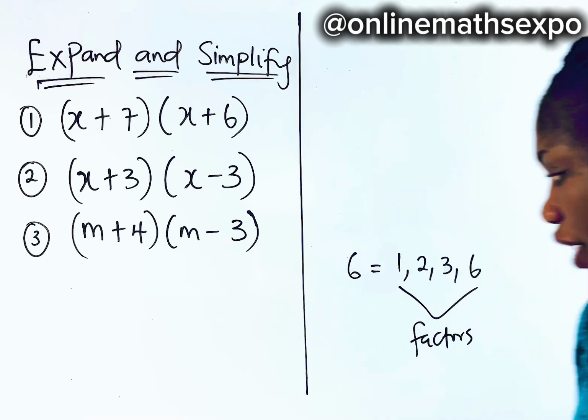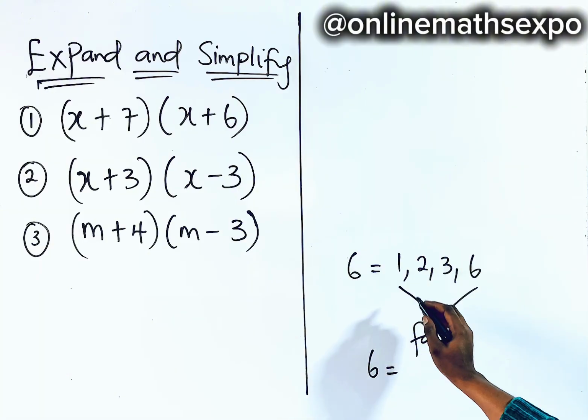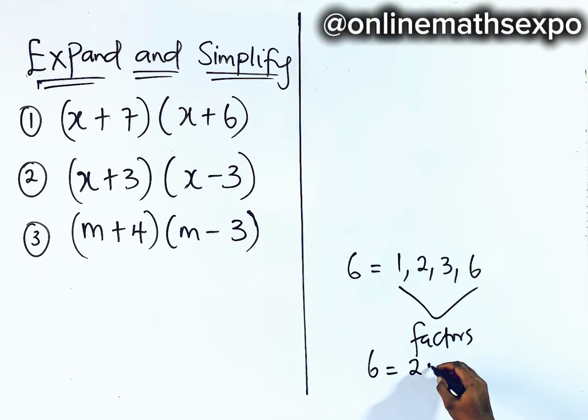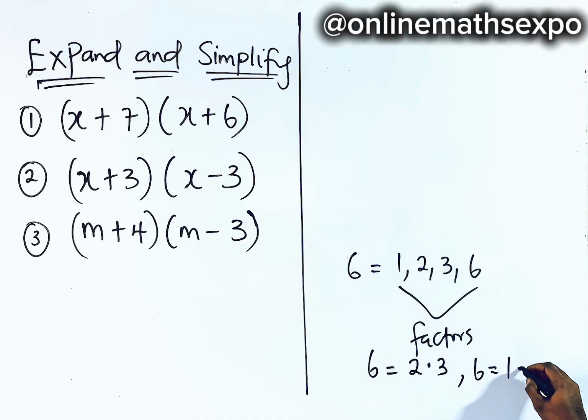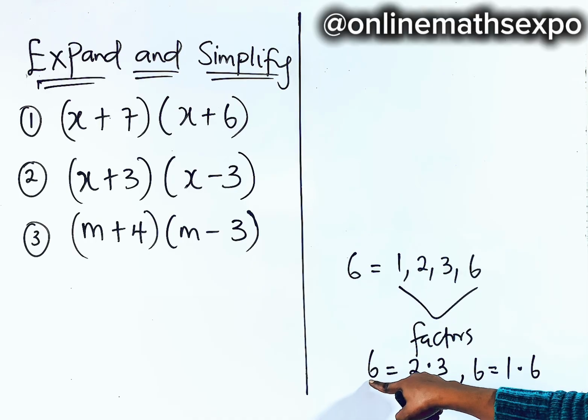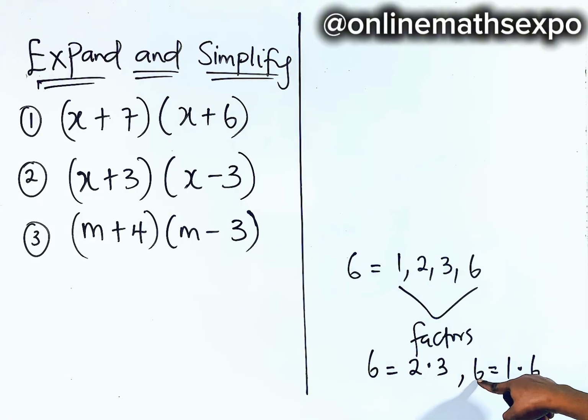In other ways, we can say that 6 is the same as 2 multiplied by 3, which is also the same as 1 multiplied by 6. When you multiply these two numbers, it gives you 6. And when you multiply this, it gives you 6. So it means that 2 and 3 are the factors of 6. It also means that 1 and 6 are the factors of 6 also.